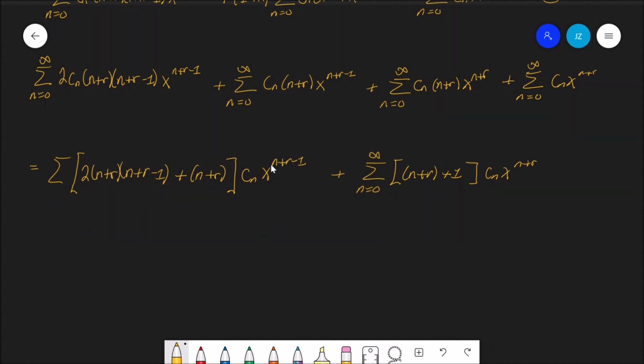Now each term in this sum has x to the r, so we can go ahead and factor out an x to the r.